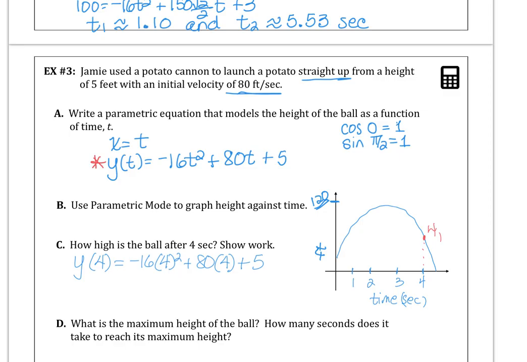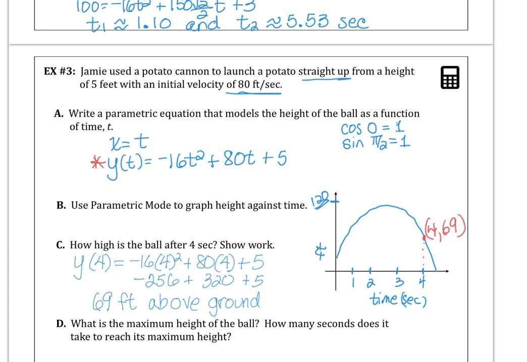So negative 256 plus 320 plus 5 gives us 69 feet above the ground at 4 seconds. So we know the ordered pair is (4, 69).